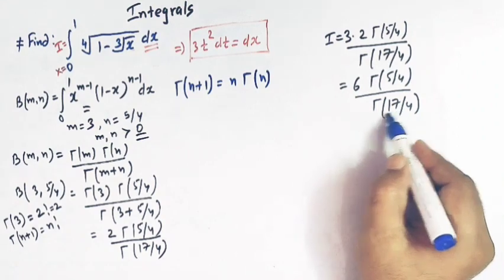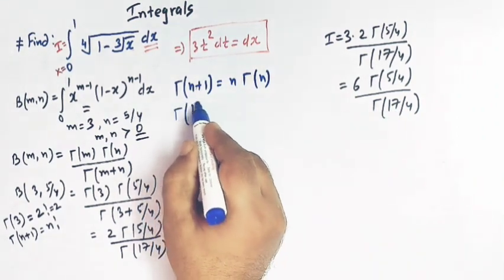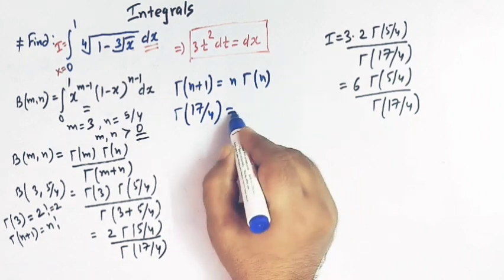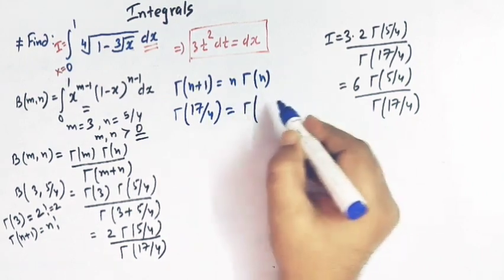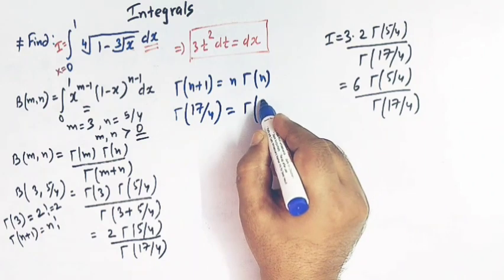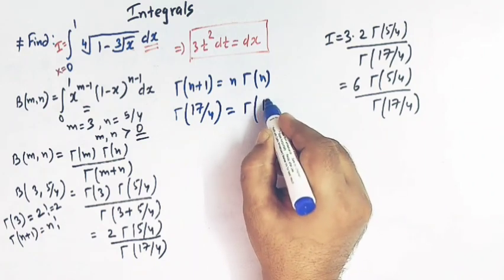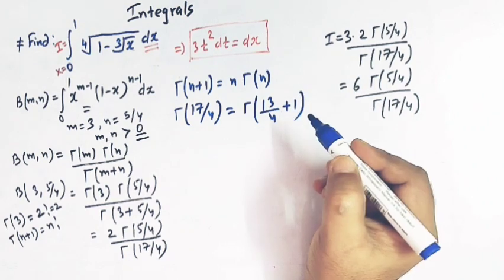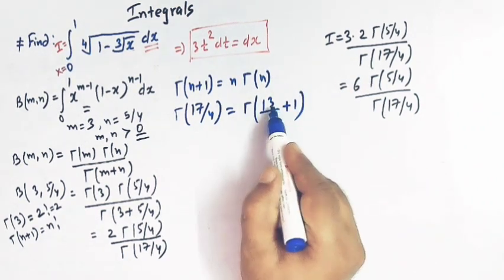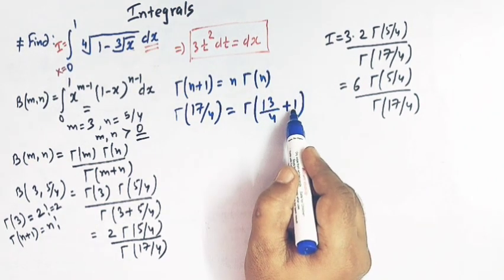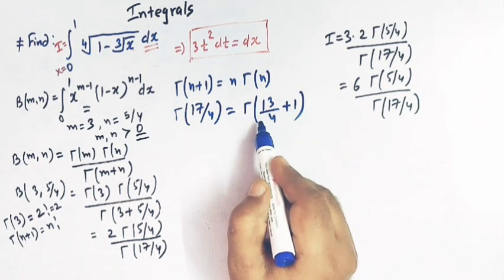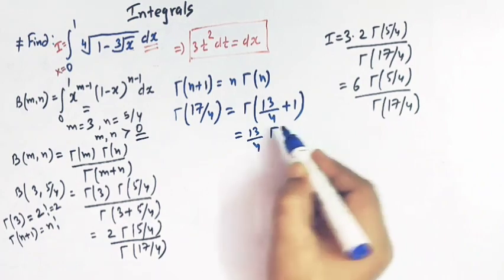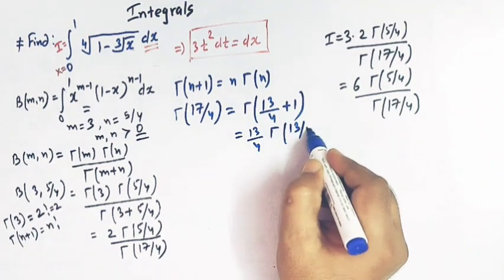So here we have gamma of 17 over 4, which can be written as gamma of 13 over 4 plus 1, which can be written as 13 over 4 times gamma of 13 over 4, right?